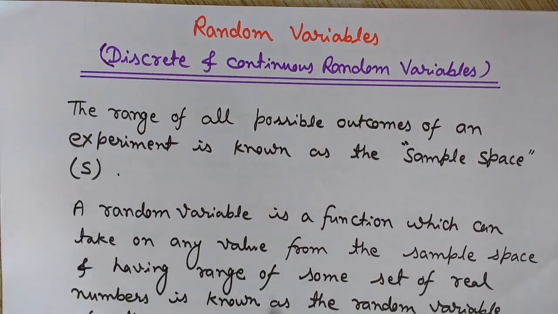Whenever we perform any experiment, suppose we are tossing 3 coins at the same time. This is the experiment. Then we may have heads or tails on any of these coins.